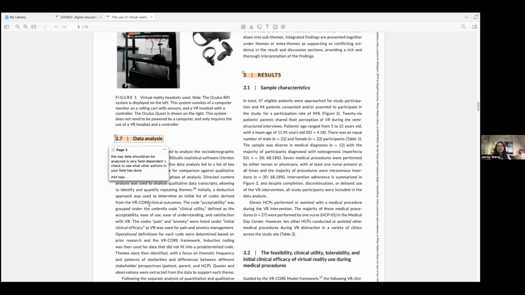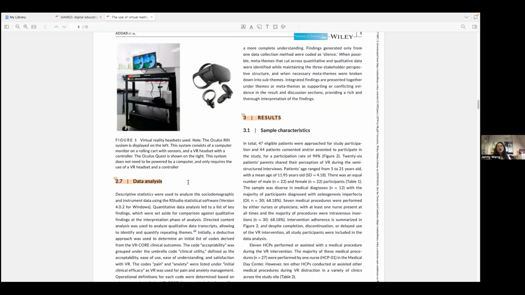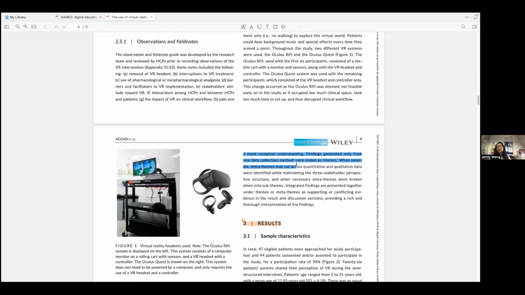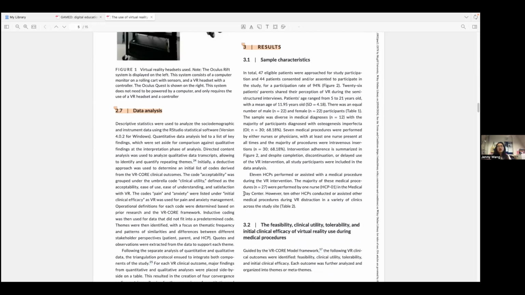It'll give you a good idea of why they chose certain data analysis methods. If you have a research supervisor, you can talk to them about this too. It's the same principle: you need to see how that aligns with accepted standards, or if they're using a novel method of data analysis, question whether it aligns with their intended purposes and if it's actually a good way to analyze the data.